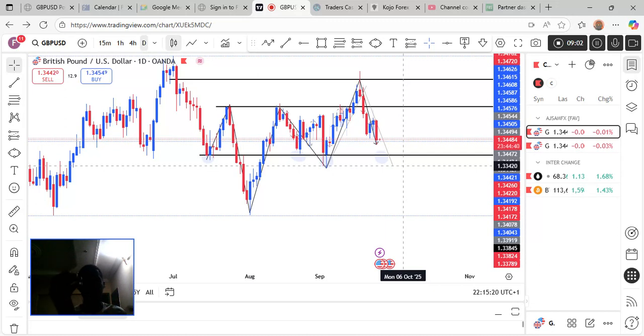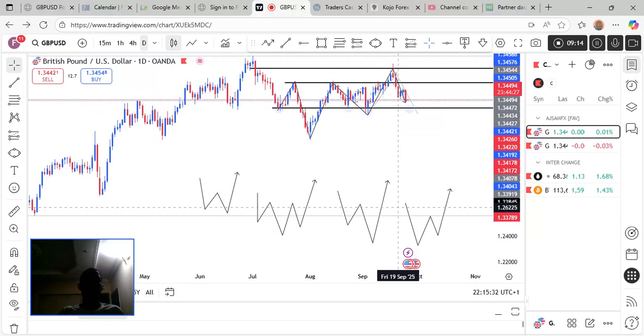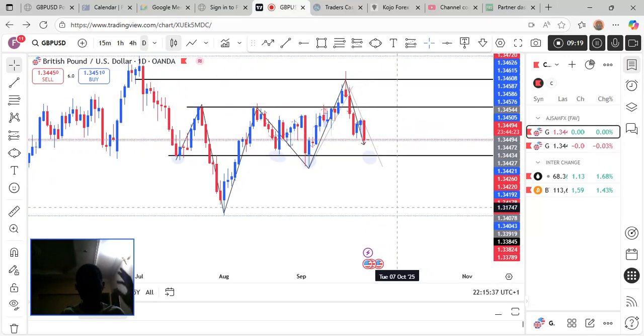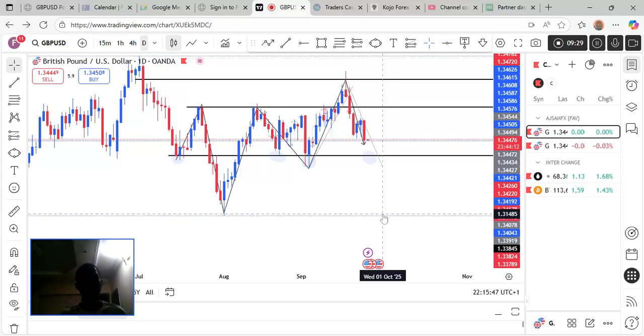If you are on the 15-minute time frame, you are just seeing the surface. So the daily time frame is deep down everything you need to know about GBPUSD, the higher time frame perspective, the long term view. But for short term, you just want to take 20 pips, 30 pips, 50 pips. You can get that on the 15-minute time frame.